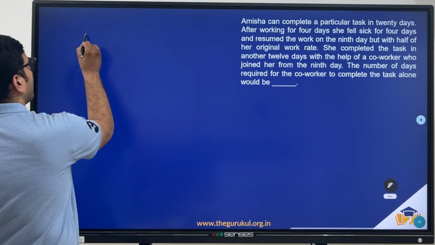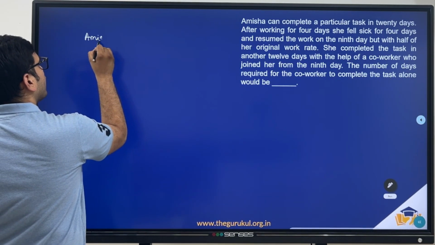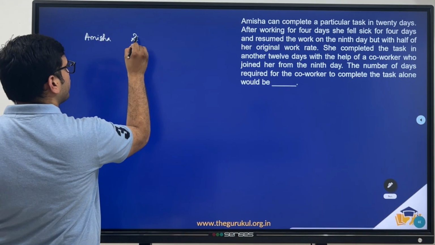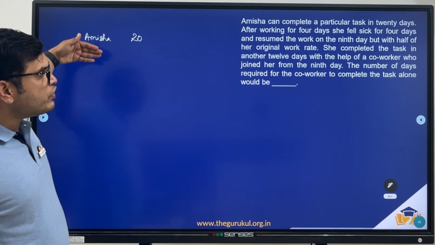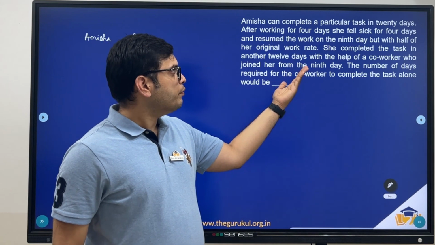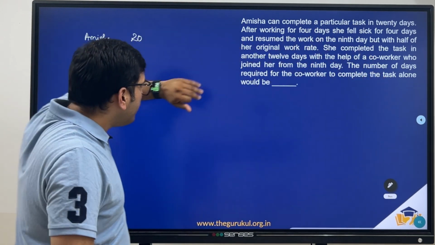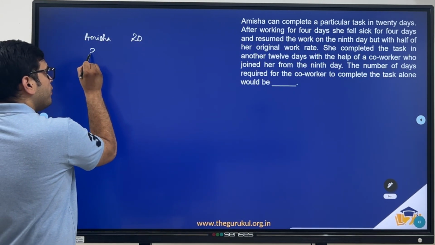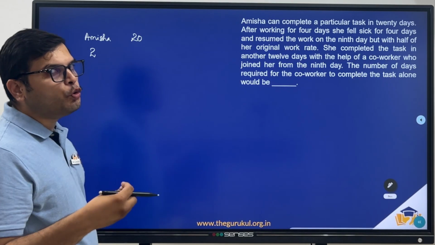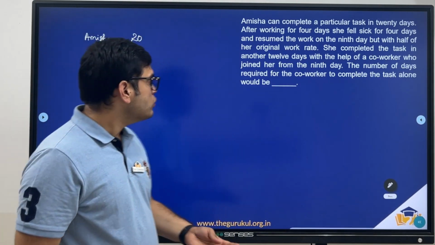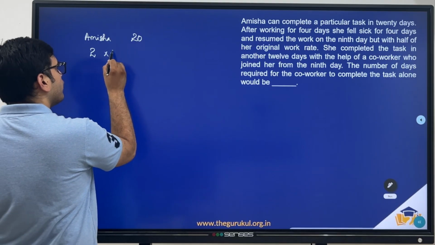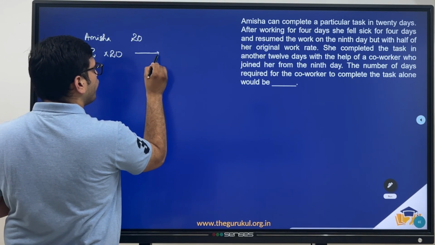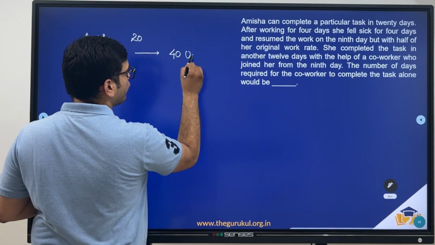So we have Amisha completing work in 20 days. Now since the efficiency of Amisha is reduced by half, I'll consider Amisha completing 2 units of work in a day, right? So in 20 days, the total work would be 40 units.